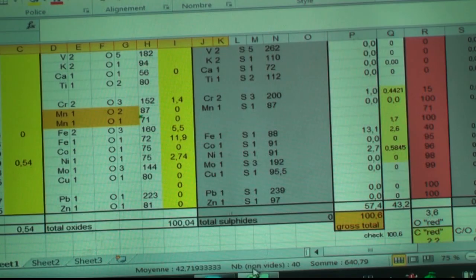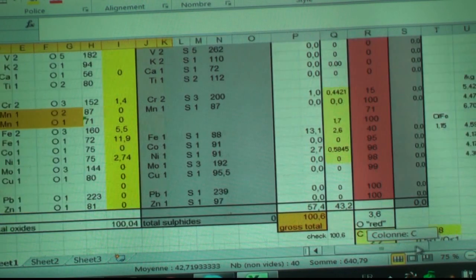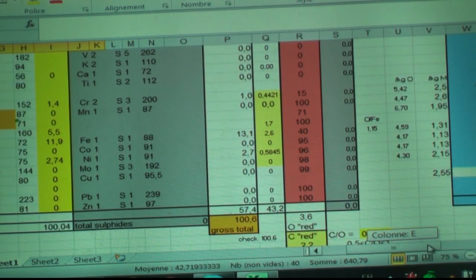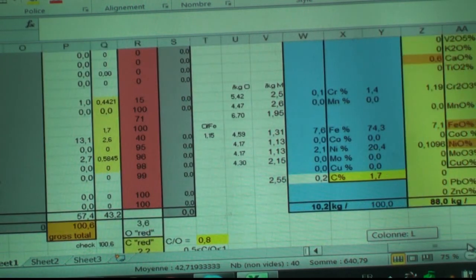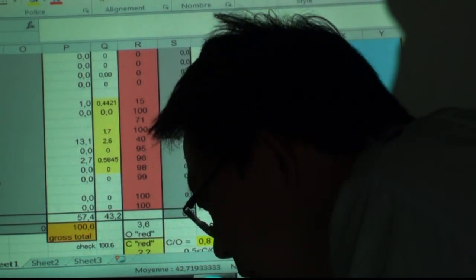Actually, doing this is the best we can do, but there is probably a discrepancy, because the balance we obtain is 20% nickel and 74% iron.